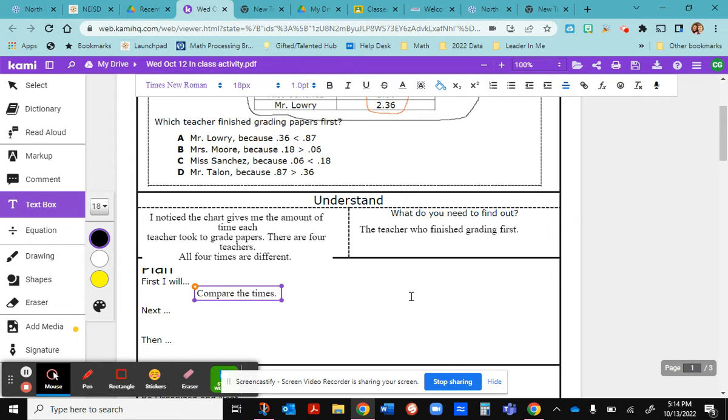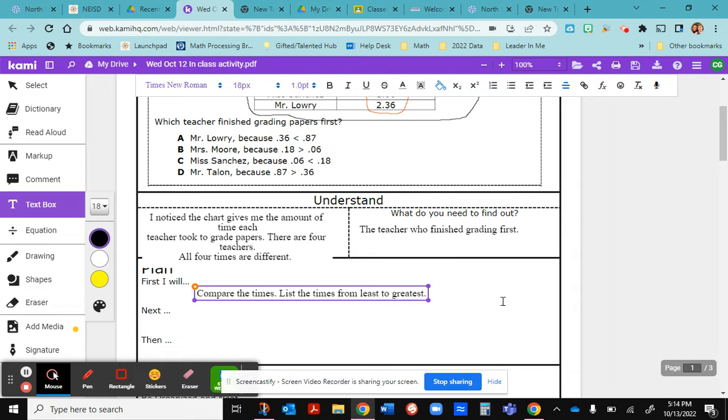So what could we do? Yeah, let's pull them out of the table and then list the times from what? Greatest to least or least to greatest? Ooh, good. From least to greatest. Now, if you said it was from greatest to least, is that still possible?